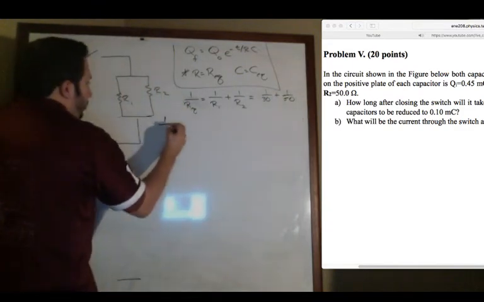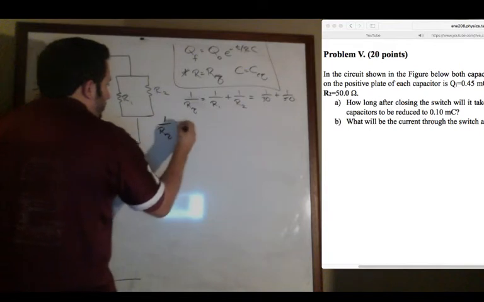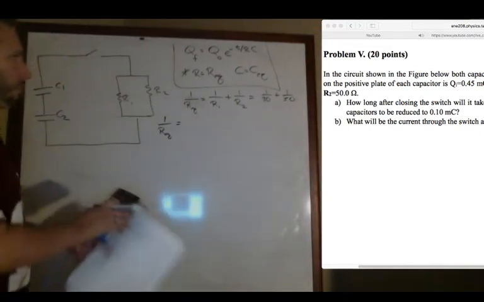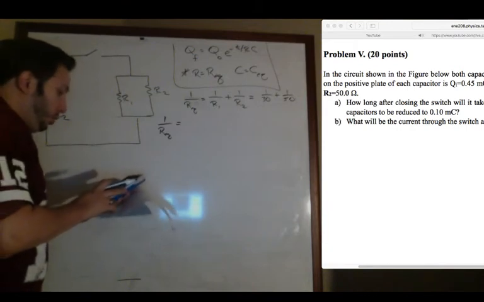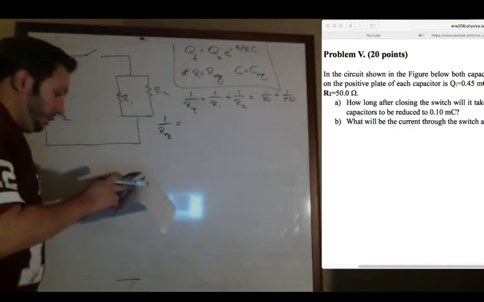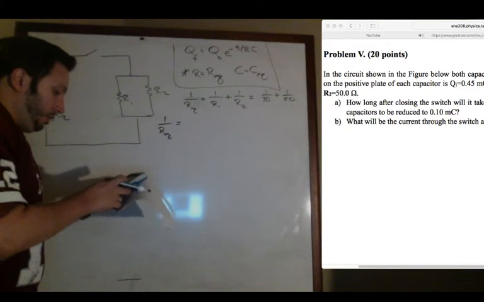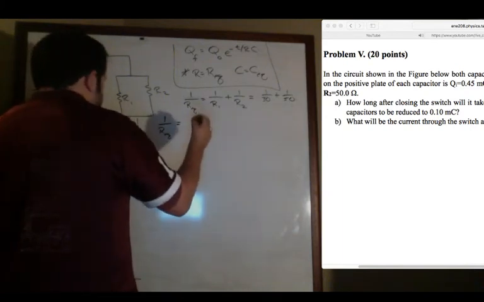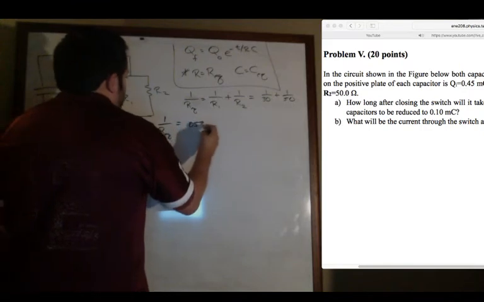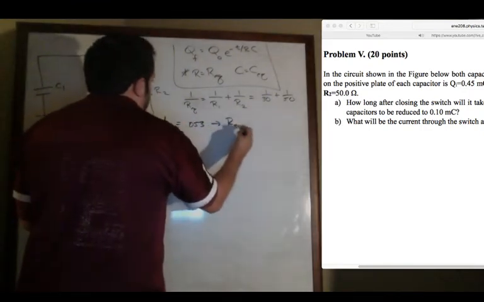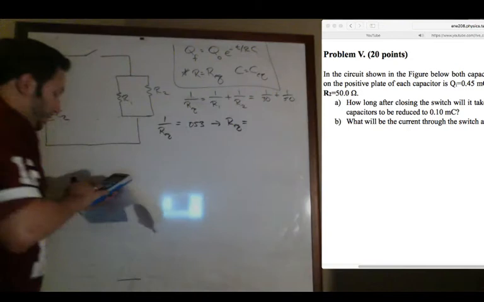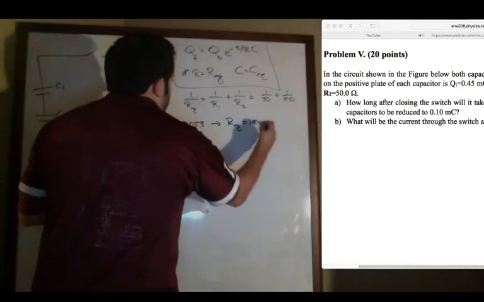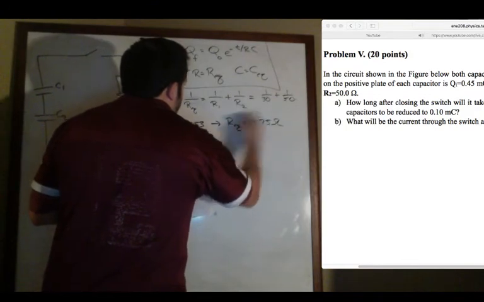Let's go ahead and throw that into our calculator. 1 over 30 plus 1 over 50 is going to be 0.053, or so. And so flipping that, we raise that to the negative 1, and we get that R_EQ is 18.75 ohms.